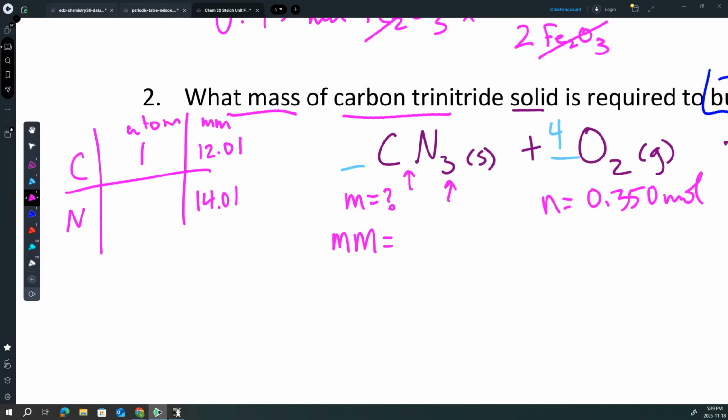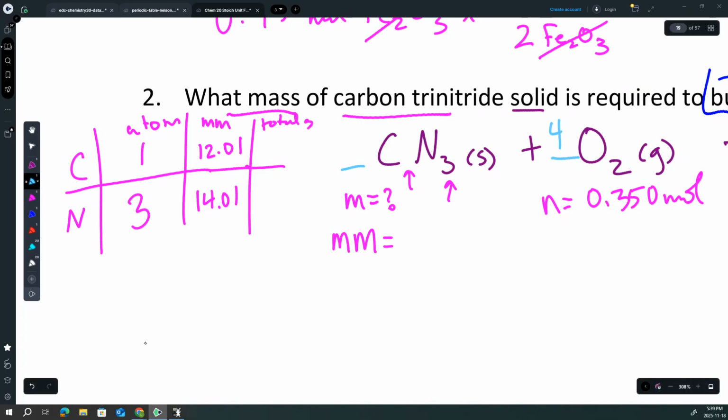And we have 3 atoms of nitrogen. Okay, so now we have our totals column. So mathematically what we're doing is we're going, okay, 1 times 12.01, that's going to give us 12.01. 3 times 14.01, that's going to give us 42.03.